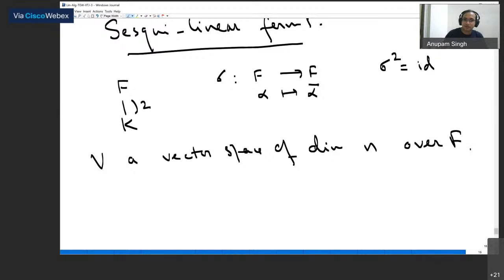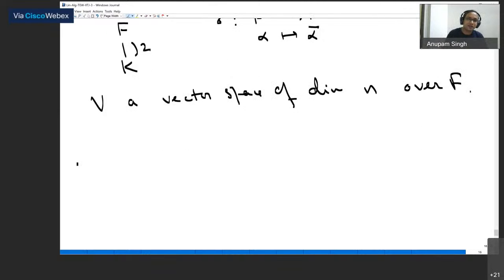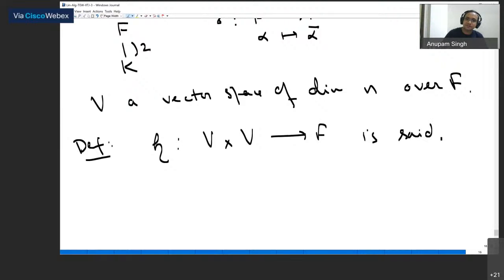All right. And now I want to define sesquilinear form. So this is the definition: a map H from V cross V to F is said to be sesquilinear if it's linear in the first coordinate.